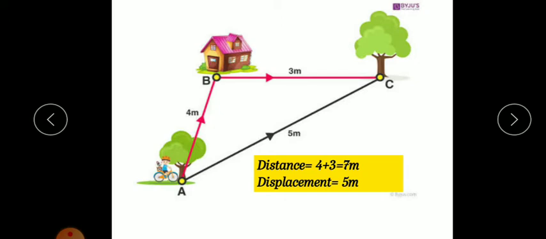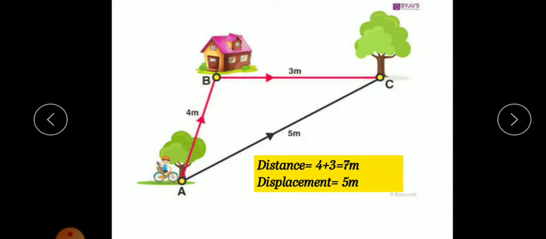A boy is sitting on this cycle, and he wants to reach point C. There are two paths here. One is along ABC and another one is the straight line AC. Suppose this child selects this path.